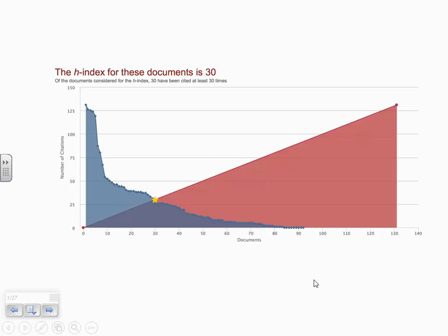Now, the H factor of 30 would mean that this person has got 30 papers that's been cited at least 30 times or more. So even if you have another 20 papers that's been cited 30 times, you'll have 50 papers that's been cited 30 times, your H factor is 30. Okay, it stays there. So you need to have more citations.